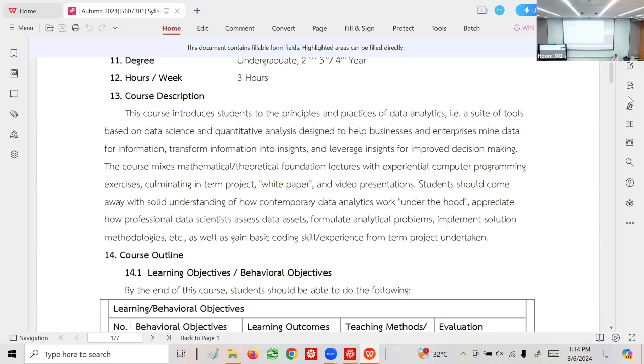A white paper is like an academic paper, except it's not as comprehensive. It doesn't have a literature survey. It doesn't necessarily have new methodology, right? With an academic paper, you're supposed to bring something new to the frontier of knowledge.